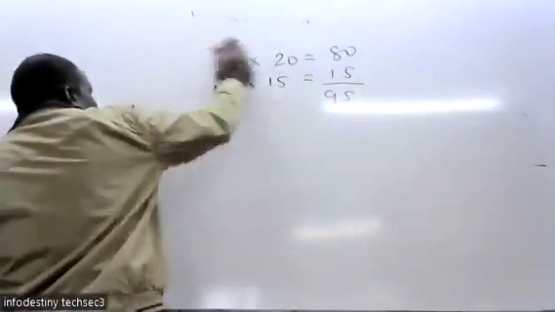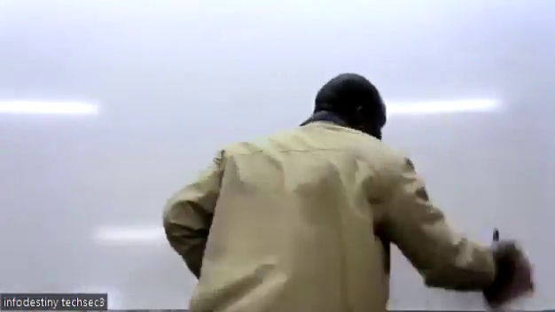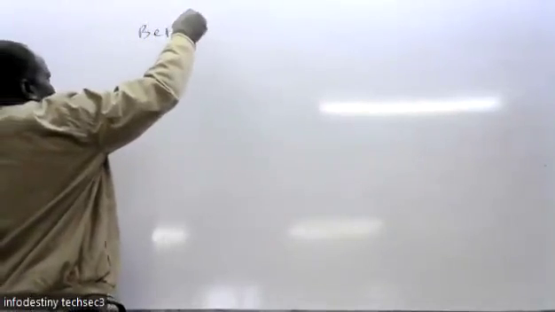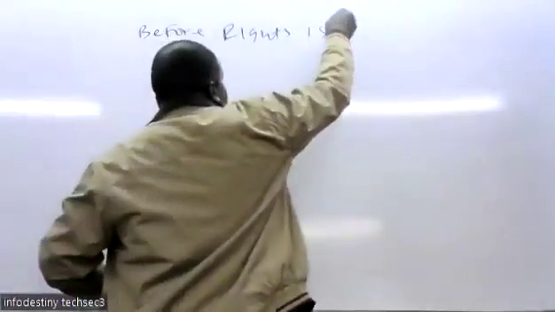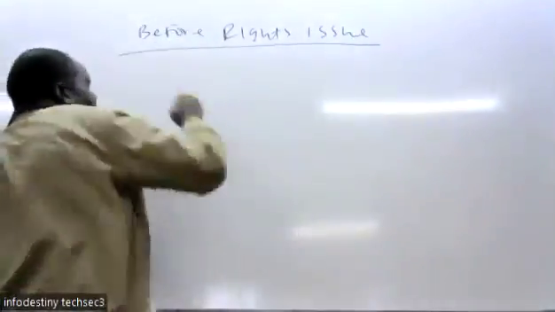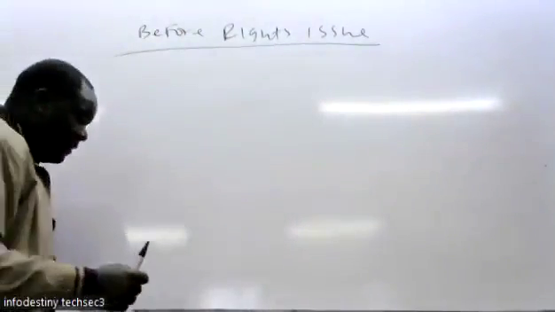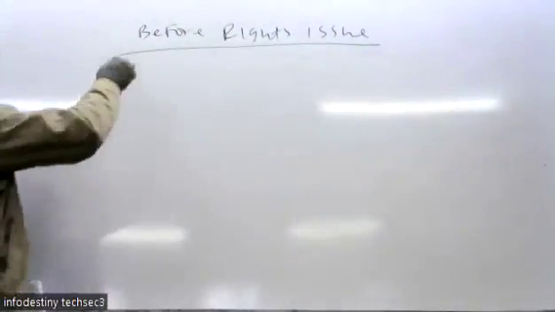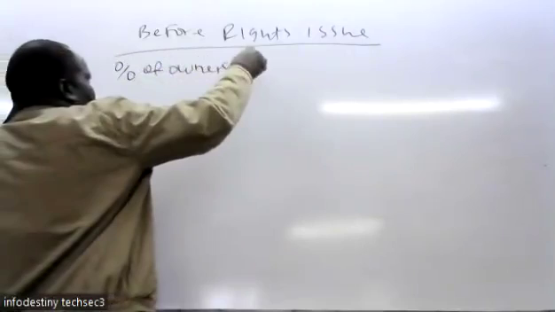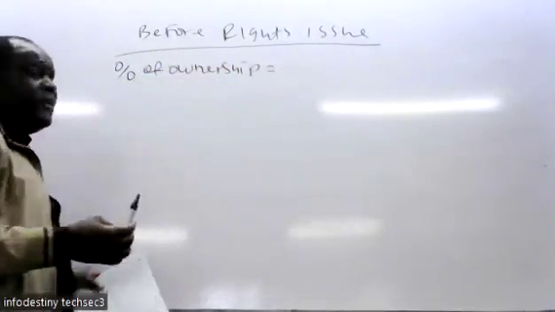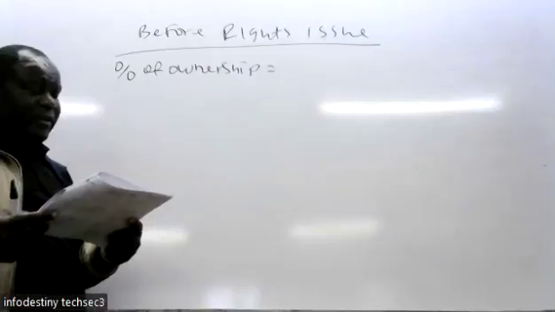What was the position before the rights issue? I can start with the percentage of ownership before the rights issue.